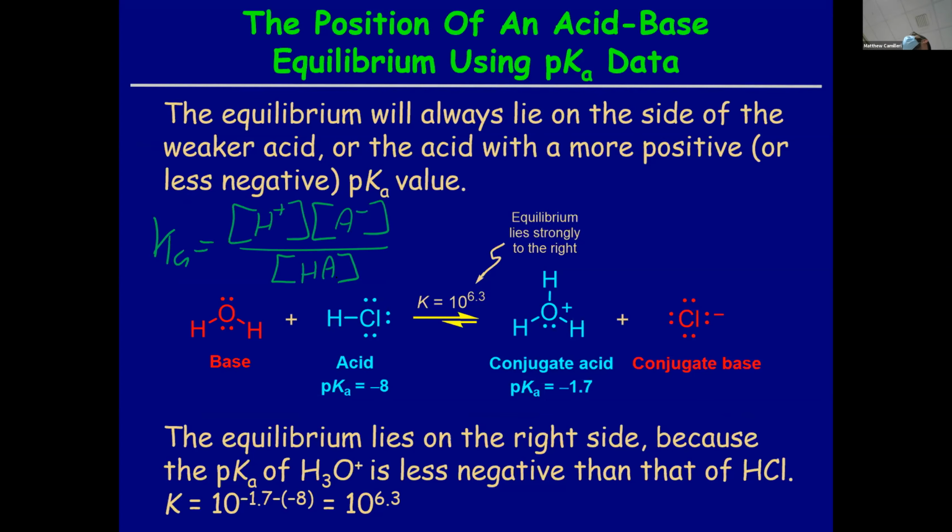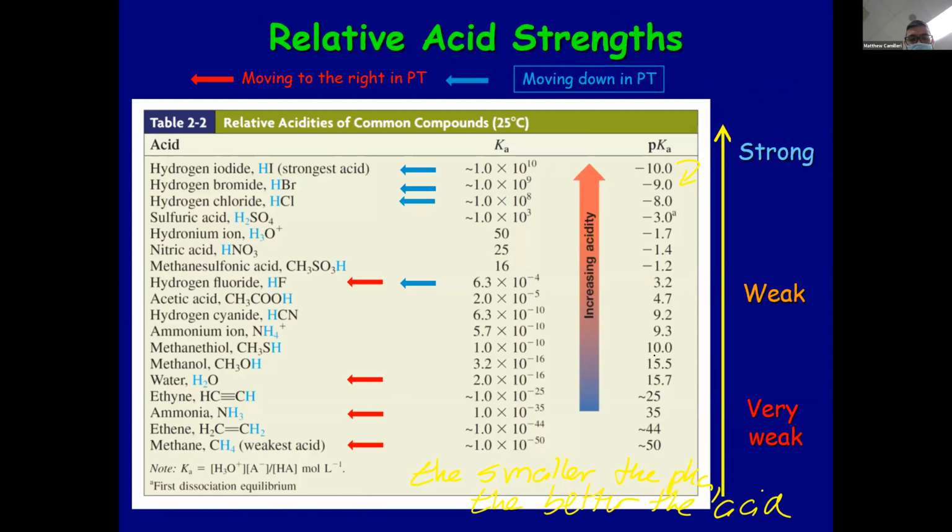So it doesn't have to be in water. In fact, here, the table doesn't say what the solvent is. Now, normally we will speak about Ka in water, but for example, hydrogen cyanide does not really dissolve in water. Ethyne doesn't dissolve in water. Ethene doesn't dissolve in water.